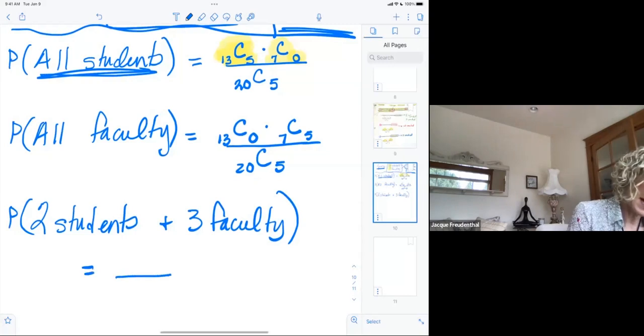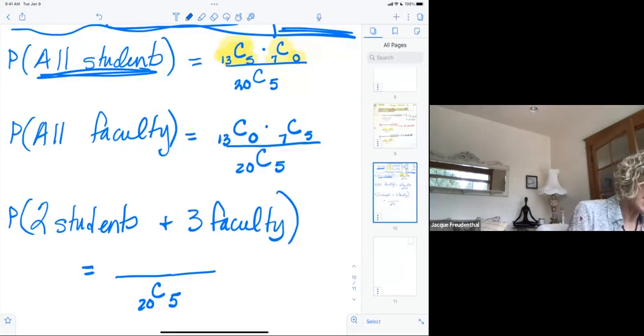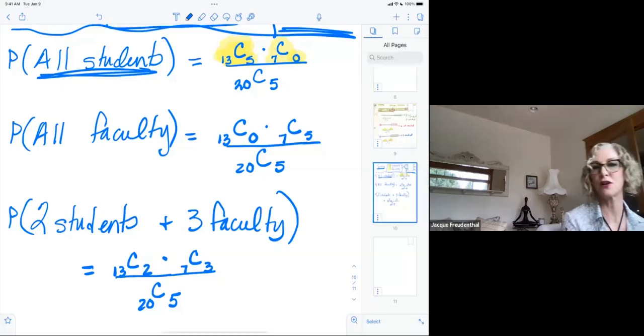And this last one, out of the 20 people, I'm going to choose 5. I want 2 of them to be students. So a combination out of the 13, I want 2 to be students, and out of the 7 faculty, I want 3 of them to be chosen.